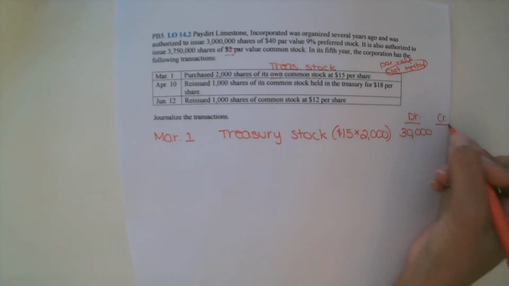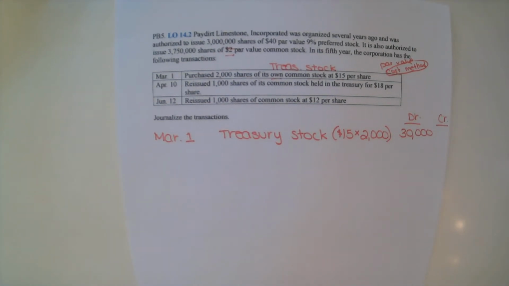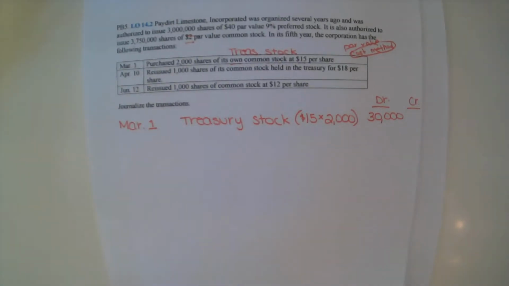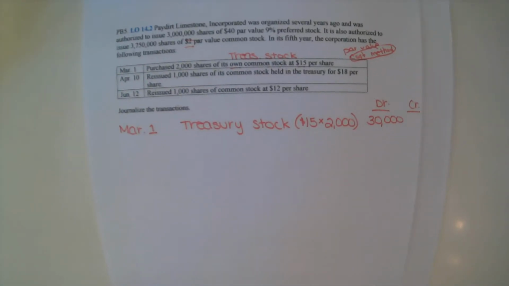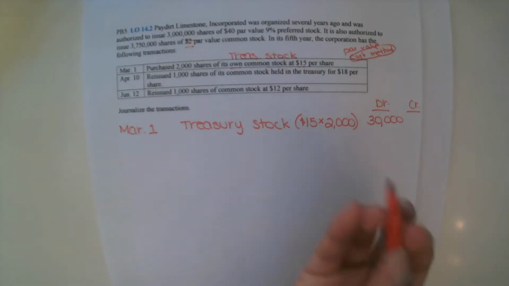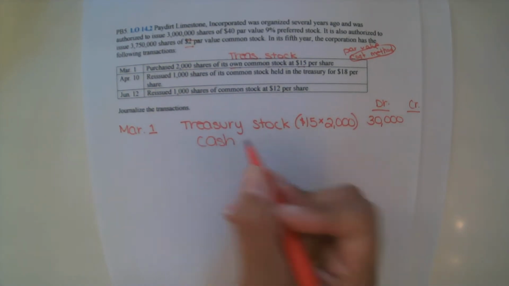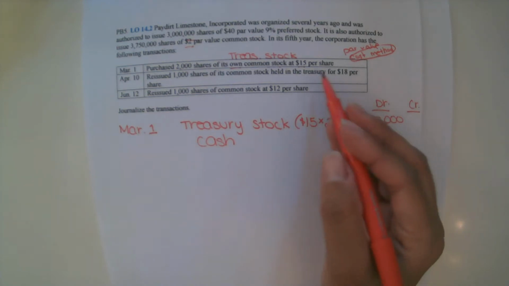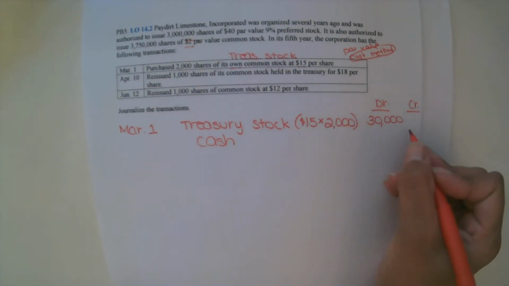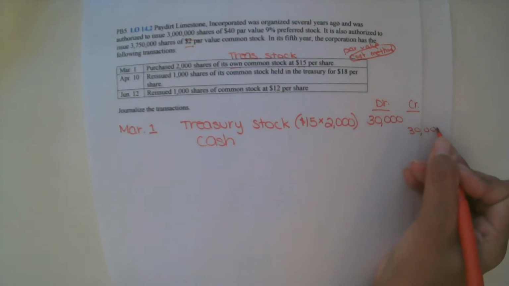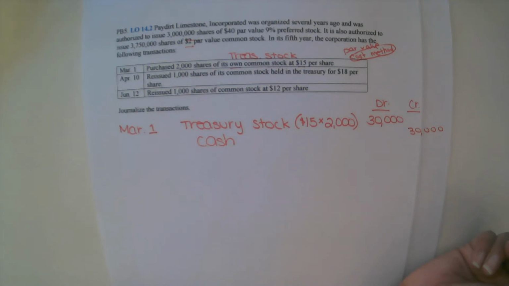Oh goodness, I'm going to run out of room. We'll do that. Okay. So of course we had to pay cash to acquire this. We didn't get it for free. And the cash that we paid was the $15 per share. So credit of 30.